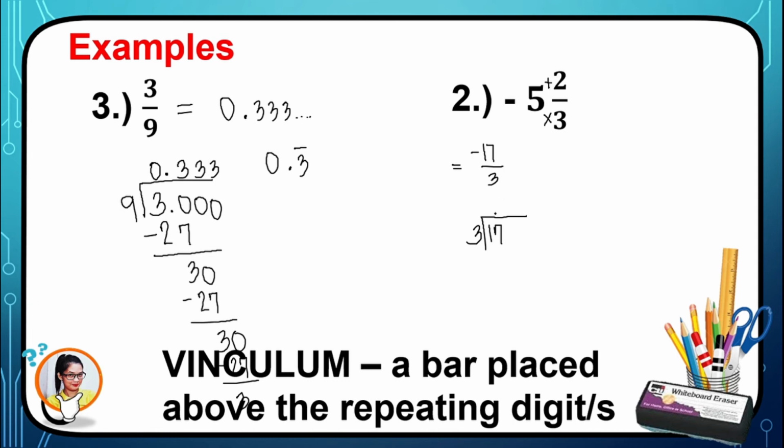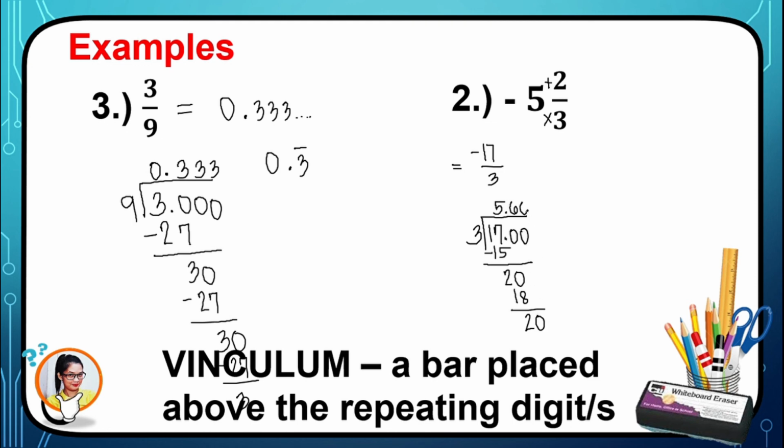17 divided by 3, so we will have 5. And we'll have 15. 17 minus 15 is 2. So therefore we will add 0. So we have here 6 times 3, 18. Then we have here 2. So we'll have here 0 again.